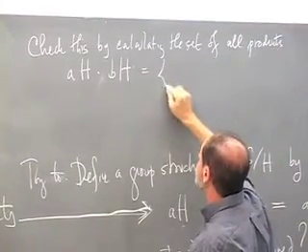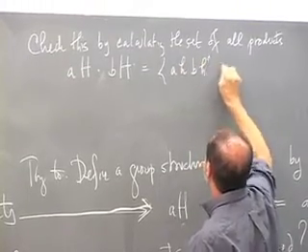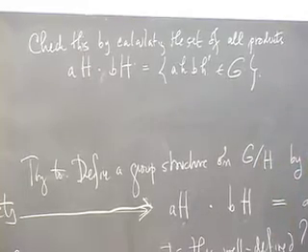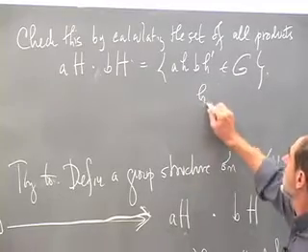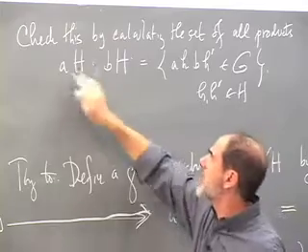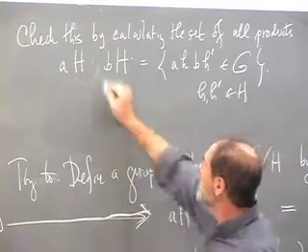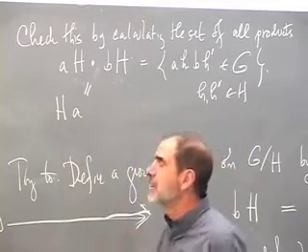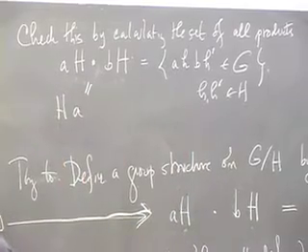So this means everything of the form AH, BH' in G. That's that set. Where H is anything in H and H' is anything in H. That's what I mean. Take all things in this set and take all products with things in this set. Now, how do we calculate that? Well, first of all, we rewrite this AH as HA because this set is the same as this set, right?